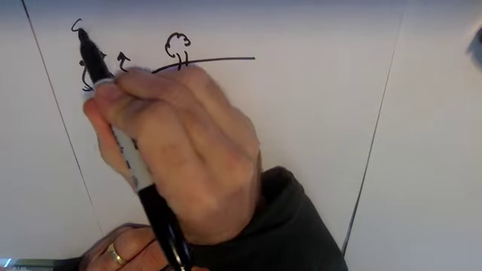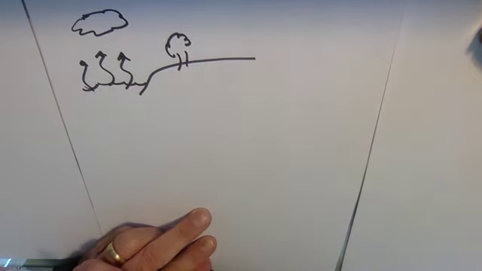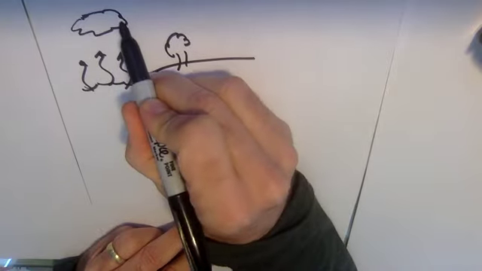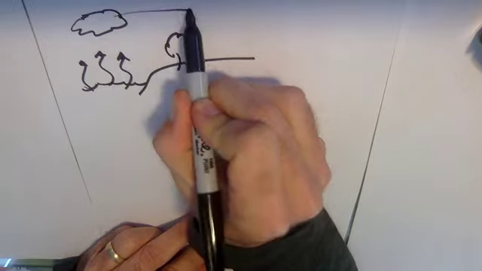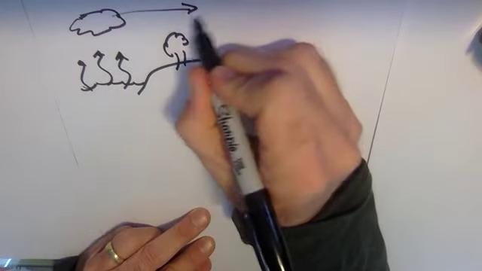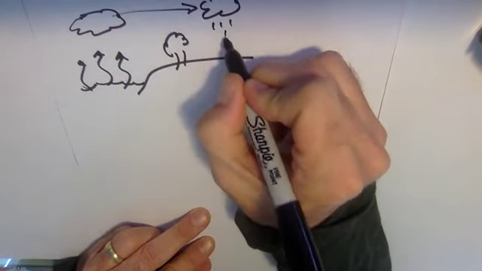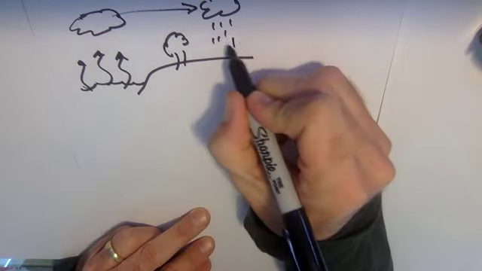So water evaporates off of the oceans, mostly in the tropics, and the water condenses to form clouds. That's the visible portion of water in the atmosphere. It gets blown maybe over land where it condenses and falls as either rain or snow.